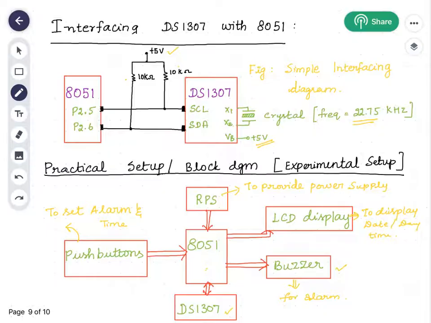To see time, date, week, day, month, year, we are interfacing an LCD display. This push button is to set up the alarm time. RPS power supply provides power for the whole setup. This is the practical setup of 8051 interfaced with DS1307.